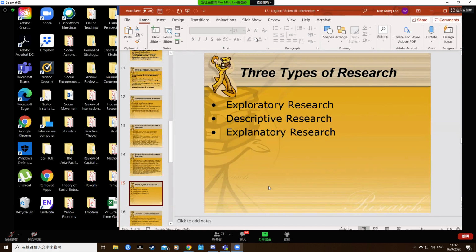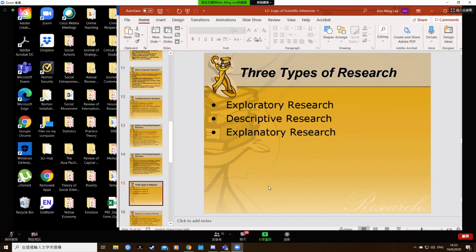So how Hong Kong people are getting older, or what is the average educational level of the Hong Kong population, something like that. So these are descriptive research. That means both qualitative and quantitative research can be descriptive.